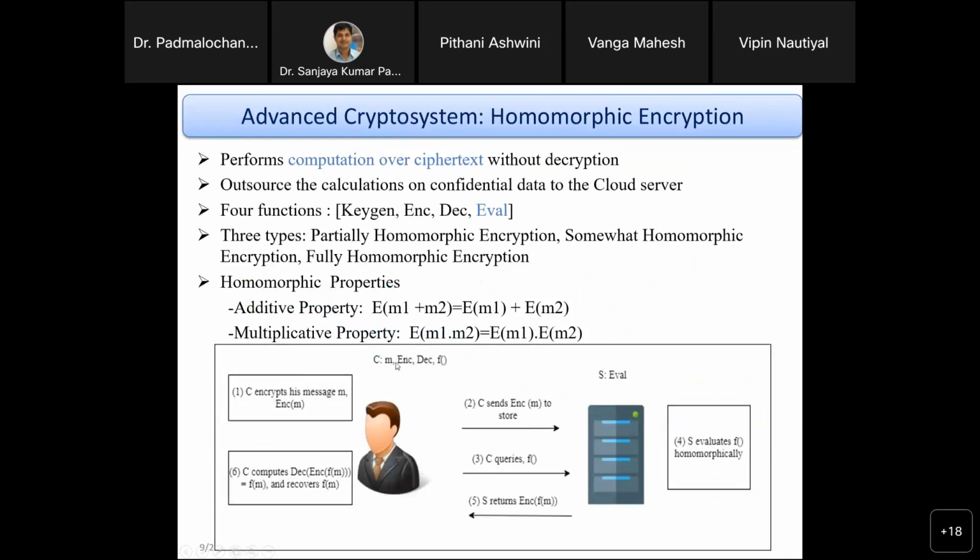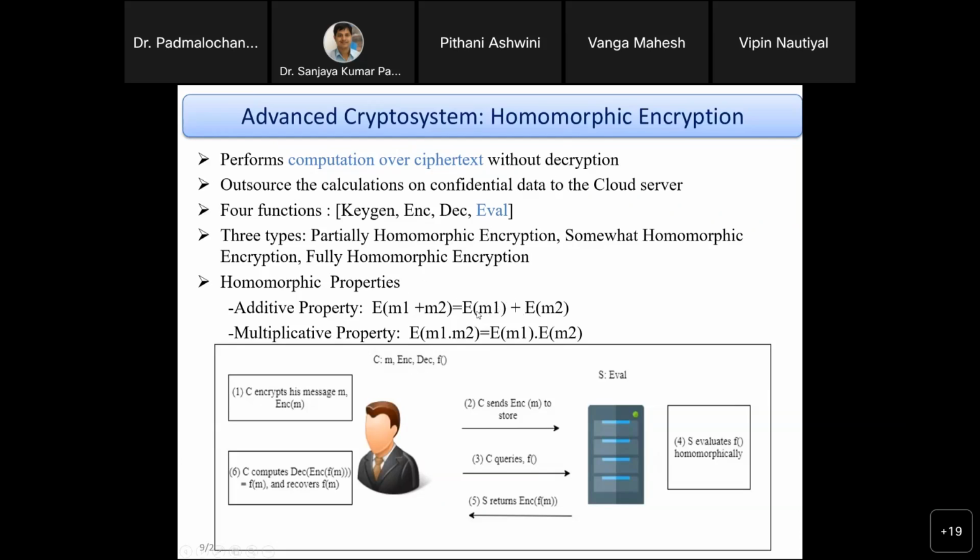Then moving to homomorphic crypto systems. In a homomorphic crypto system, as I mentioned, it performs computations over ciphertext. It doesn't require decryption. Our mathematical construction should be such that performing addition in the plaintext domain is the same as performing addition in the ciphertext domain.